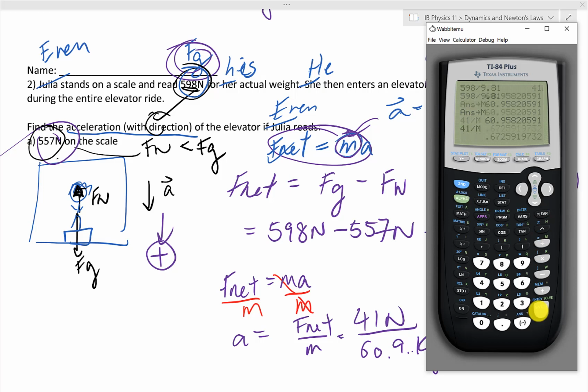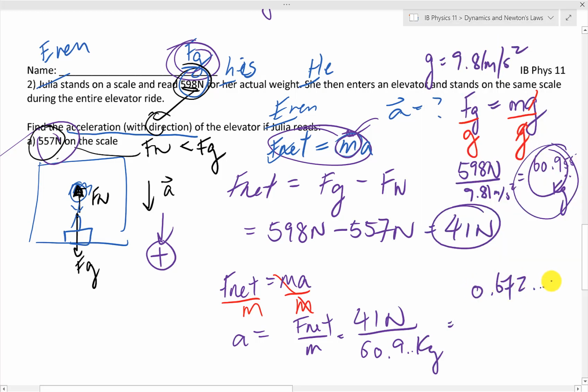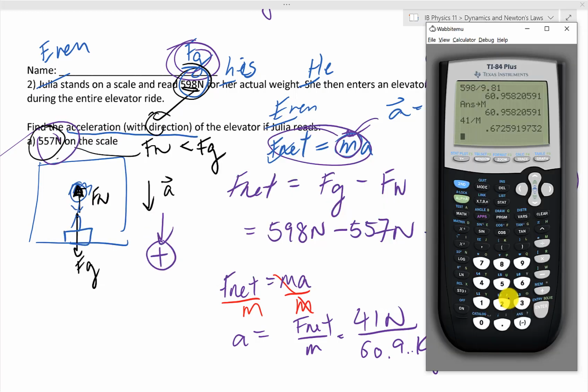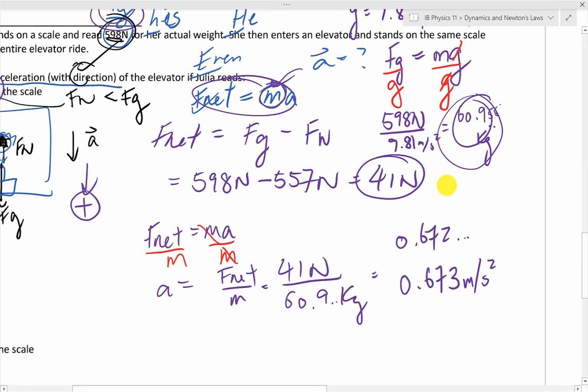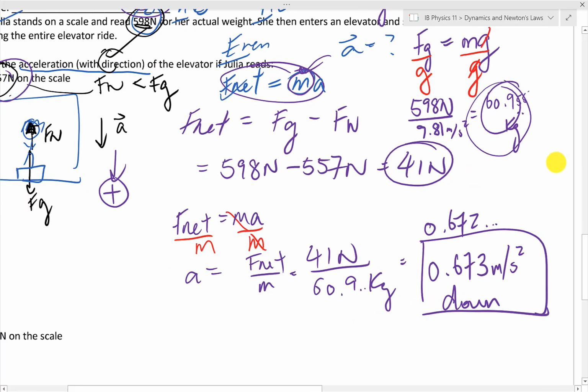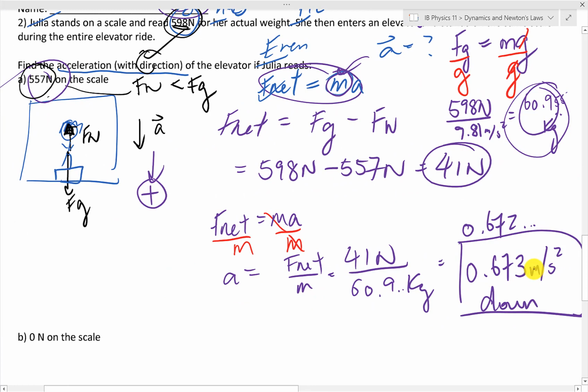We get 0.673, which we're going to round to 3 significant figures. So that's 0.673 meters per second squared in the downwards direction. Don't forget the direction when you're stating a vector, which is acceleration. Okay.